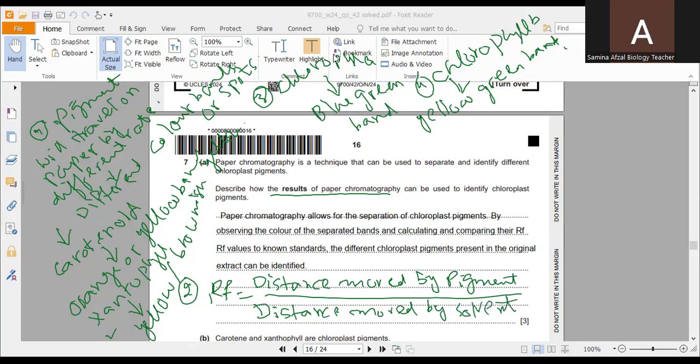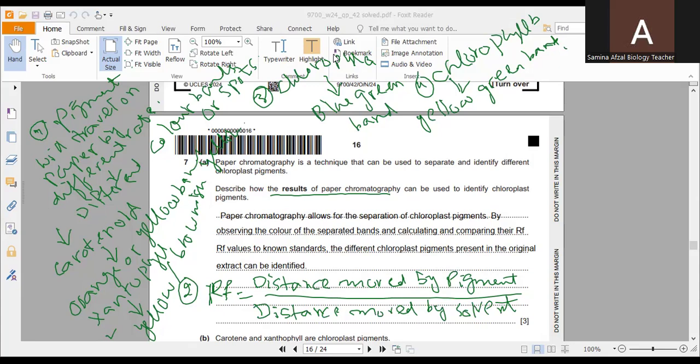For this purpose, you will have to measure the distance shown on the chromatography paper, and then the distance moved by the solvent. You calculate these values, and by this formula, you can find the difference between the different pigments, which will show the movement of different types of pigments.